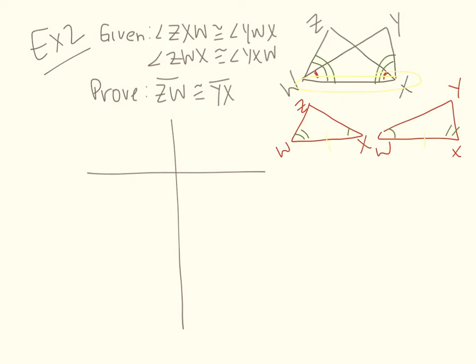So if we look at this, this ends up being in the order of angle, side, angle. When we prove that these two triangles are congruent by angle, side, angle, we can then say that all the corresponding sides and corresponding angles are congruent, which can then help us prove that ZW is congruent to YX.